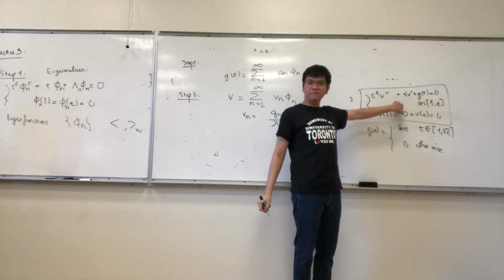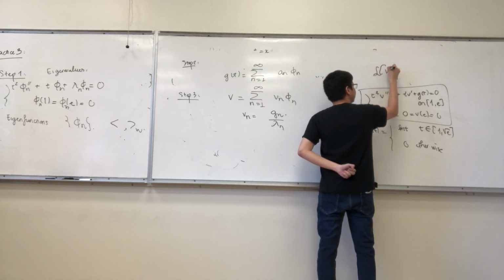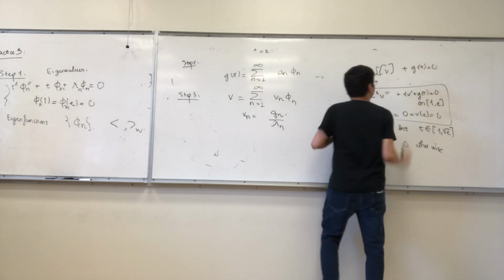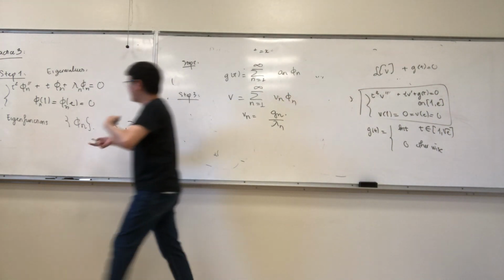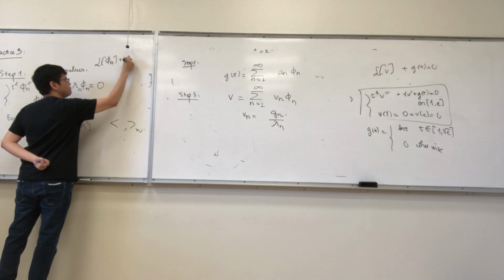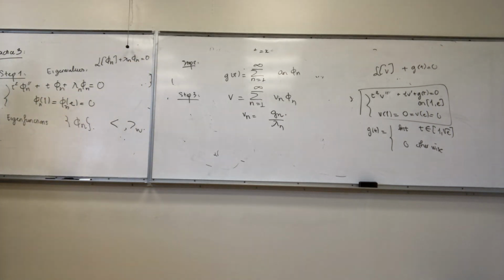So basically this problem will be the problem that we had in the previous lecture, that we have Lu plus Gt is 0, right? So to solve this, you go back to L of phi n plus lambda n phi n to find eigenvalues and eigenfunctions, right?